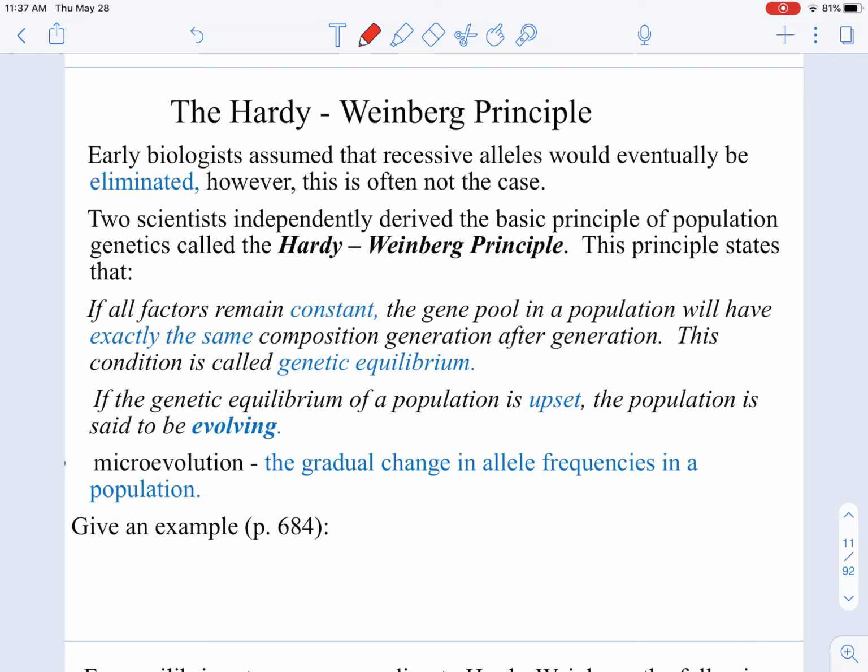Hardy-Weinberg was talking about how, even though people thought that certain alleles, recessive alleles typically, could be eliminated very easily from a population, that does not necessarily happen, because there should be a very similar composition of genes year after year, meaning that there's often a genetic equilibrium unless there is some upset to that population, in which case it'll start evolving.